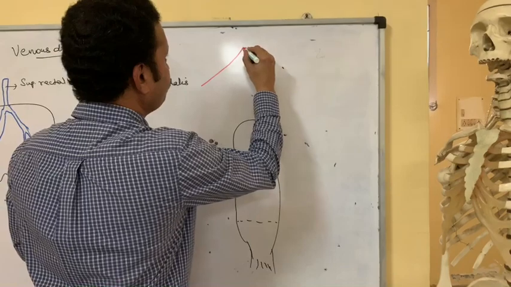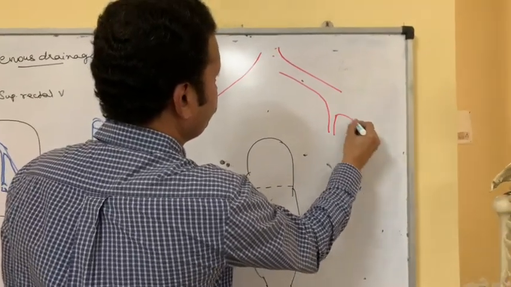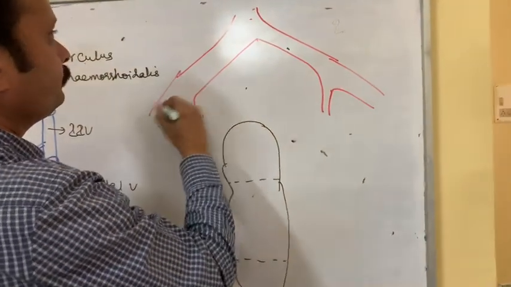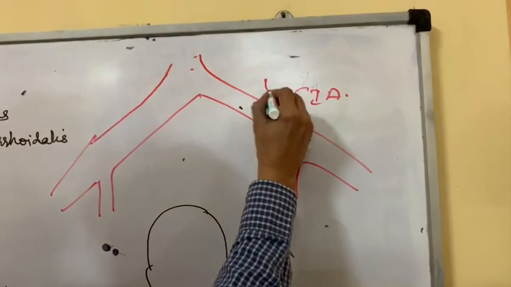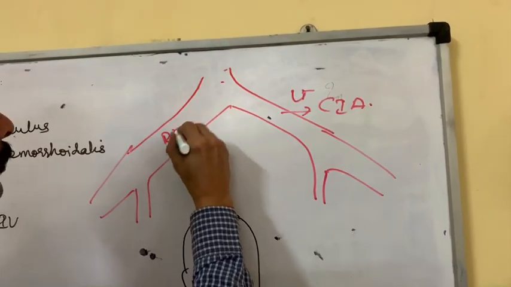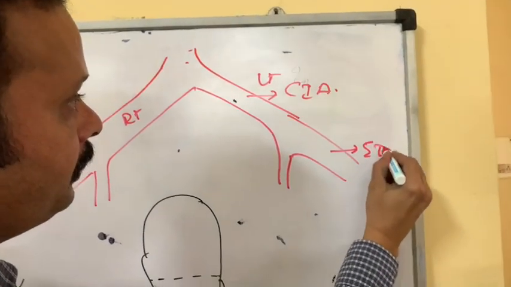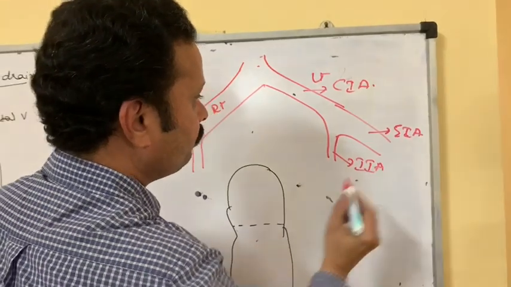This one is the common iliac artery, left common iliac, and this one is the right common iliac. This is the external iliac artery and this is the internal iliac artery of the left side.